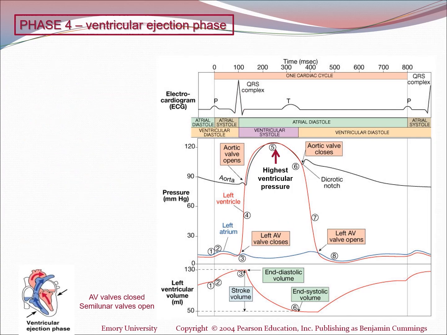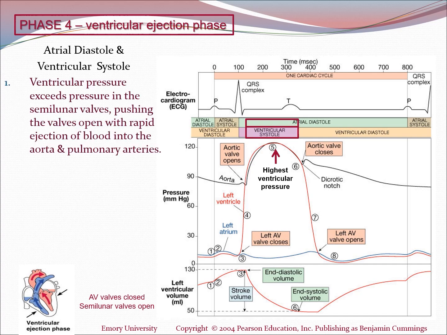Phase 4 is the ventricular ejection phase. This represents atrial diastole and ventricular systole. Ventricular pressure exceeds pressure in the semilunar valves, pushing the valves open with rapid ejection of blood into the aorta and the pulmonary arteries.